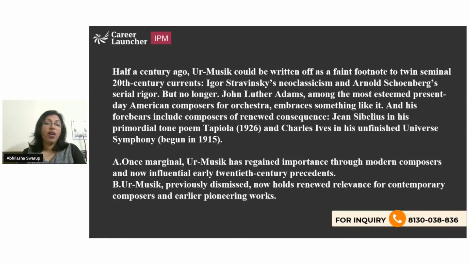Let's read and identify what is the correct answer. Try and identify for me what will be the correct answer. Come on, guys.